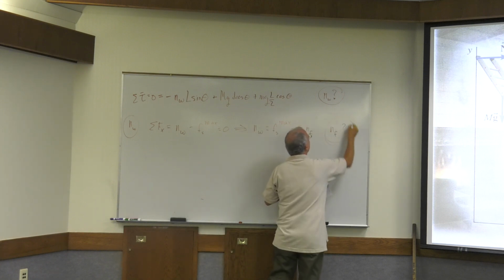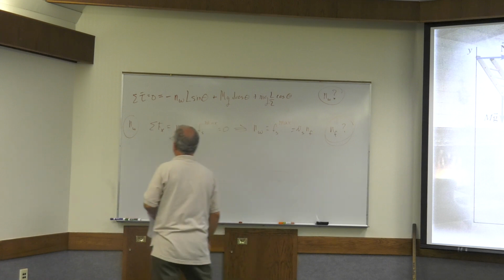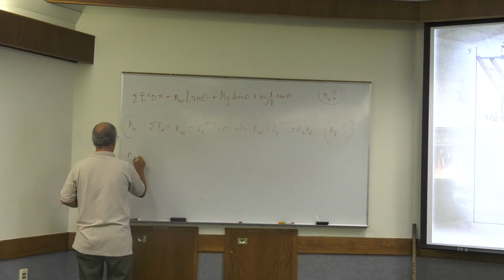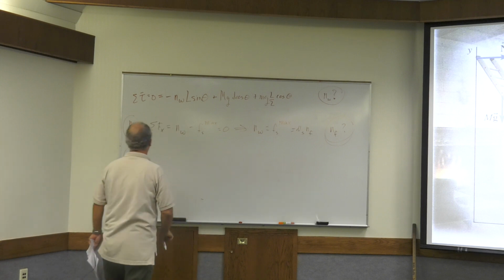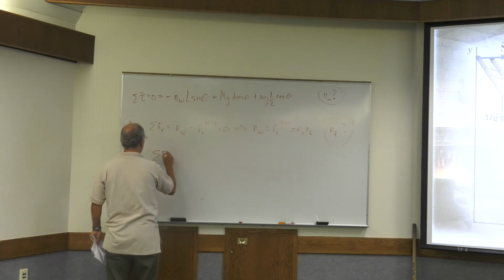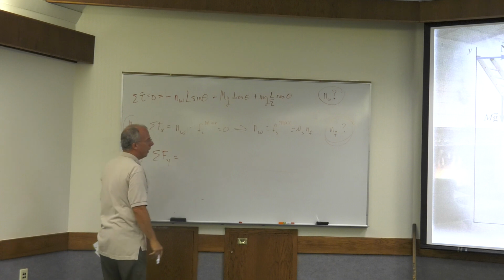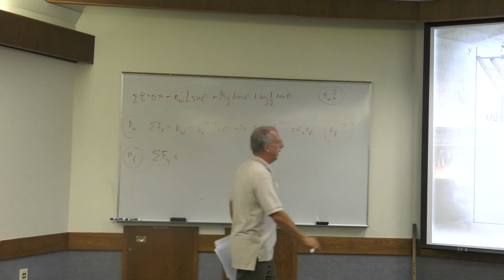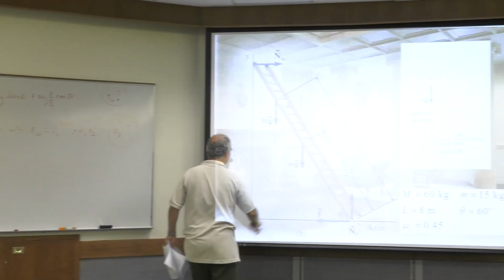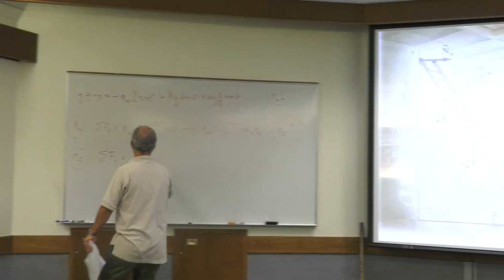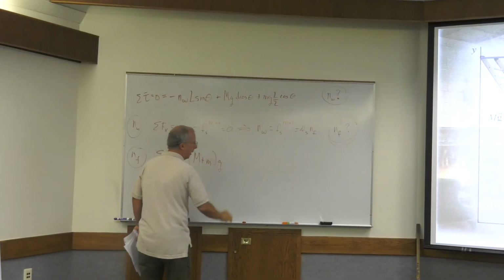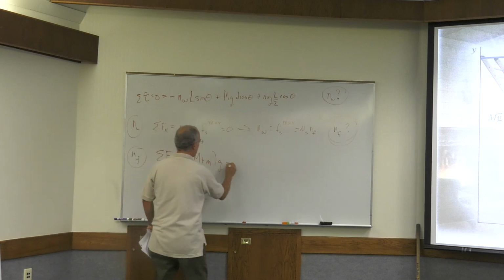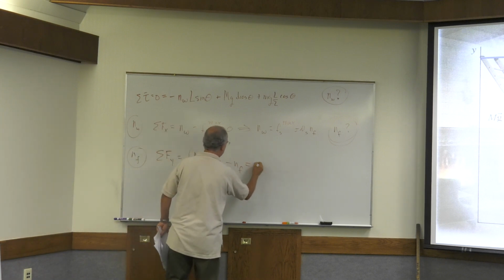Okay, so I've got to get N_floor. How am I going to do that? With the sum of the y forces. What are the y forces? I get this one going down, and this one going down. So I have big M plus little m g going down, and normal floor going up, and that equals 0.